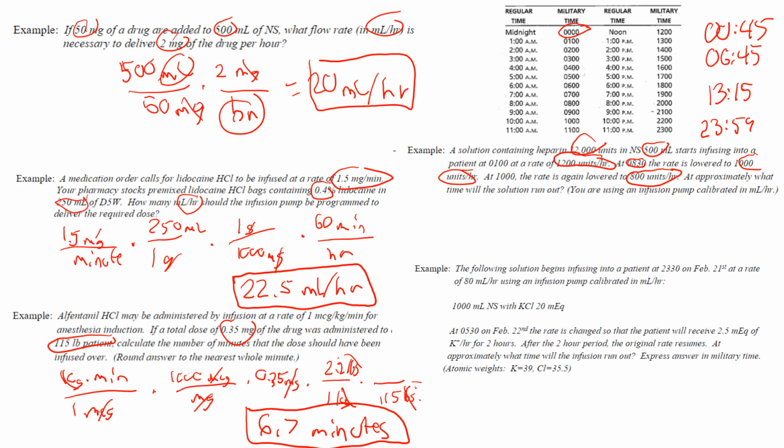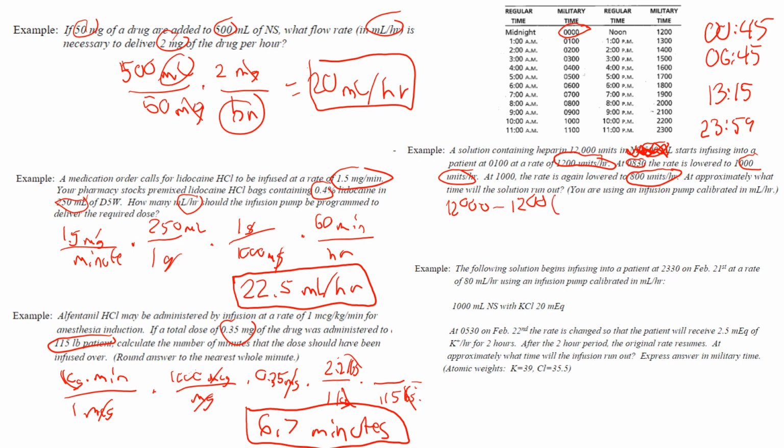So what we need to do is, for this, our milliliters don't matter at all because our rate's in units per hour. So this 500 milliliters normal saline, we can pretty much pretend that doesn't exist for this problem. We're just looking at units. So we know that there are 12,000 units to begin with. 12,000. And then we know our initial infusion rate is 1,200 units per hour. So minus 1,200. And since it's units over time, we can actually just kind of use our military times.